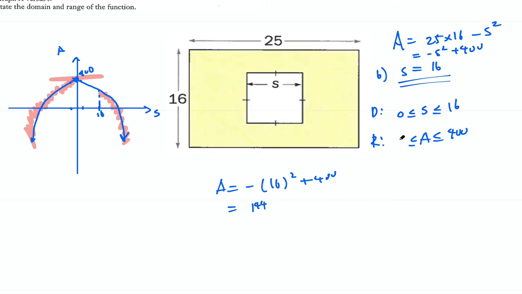So the smallest possible A value we can get is when we take away the largest possible s squared value. So the smallest value is 144 and the largest A value is 400. So here, this is 144, this point, and this is 400. So really this is the only area that we're allowed to be in, this line here.